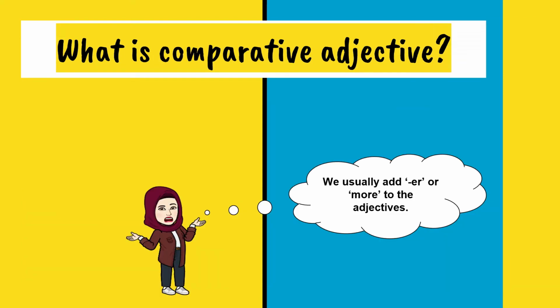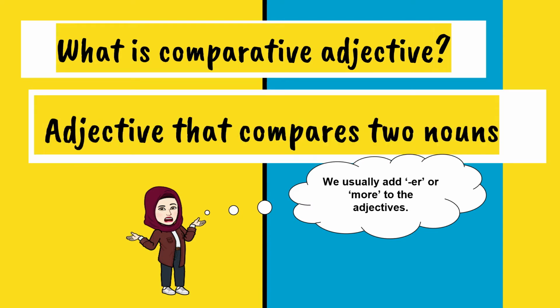What is a comparative adjective? An adjective that compares two nouns. We usually add -er or more to the adjective. You can refer to the video lesson titled Spelling Rules in my previous lesson.